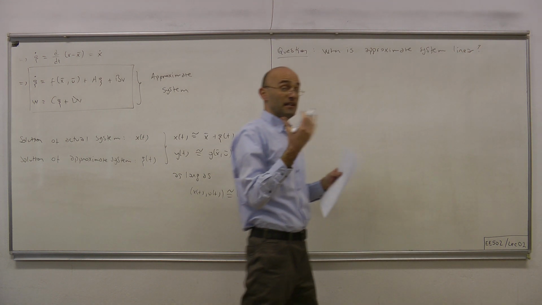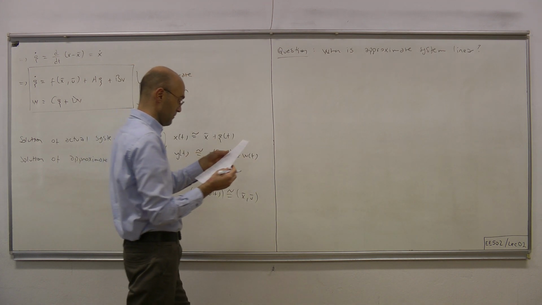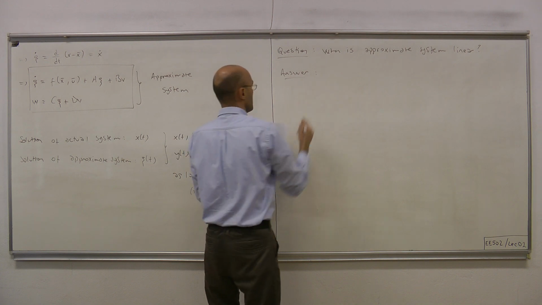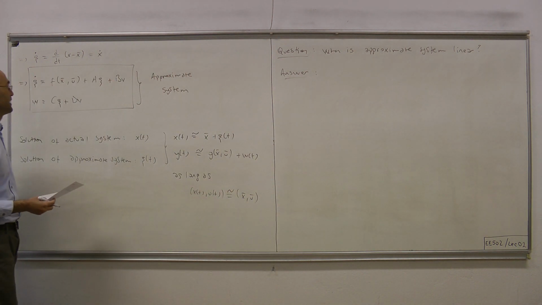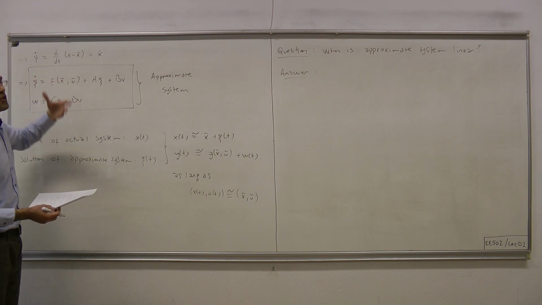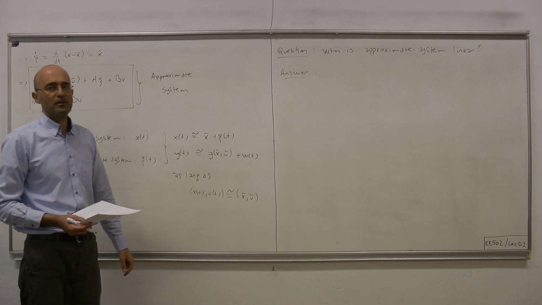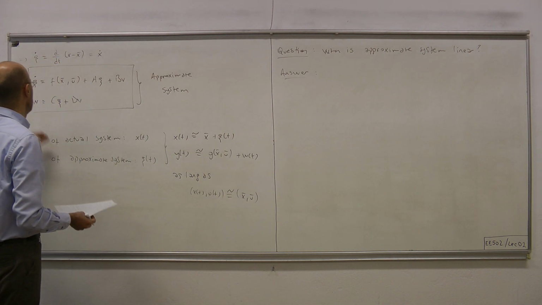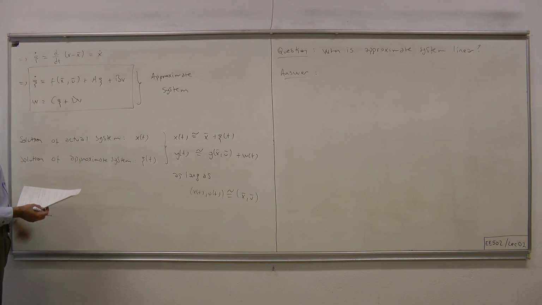That is, when is it a linear system? Well, we know how a linear system looks. Let's call the state z. It equals A z plus B times the input, and y equals C z plus D u.